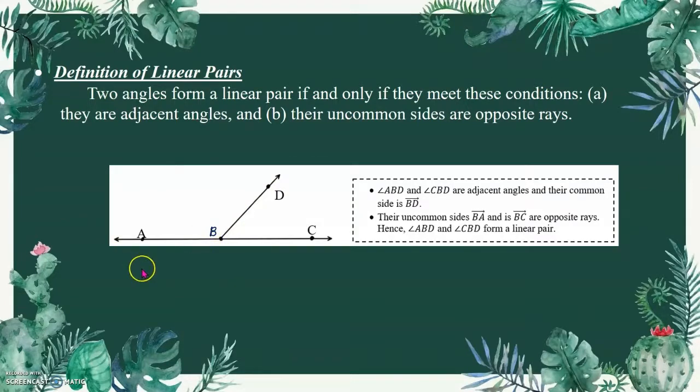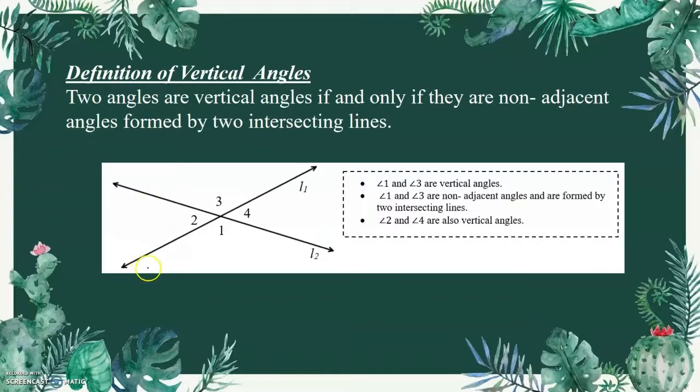And now, let's have the definition of vertical angles. Now, two angles are vertical if and only if they are non-adjacent angles formed by two intersecting lines. So, we have here line 1 and line 2. Now, line 1 and line 2 are intersecting each other, forming four angles.